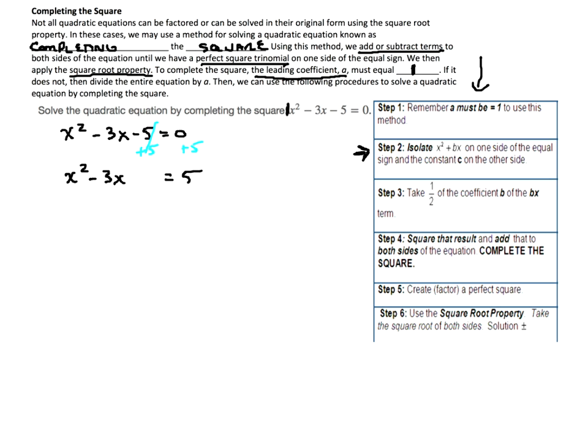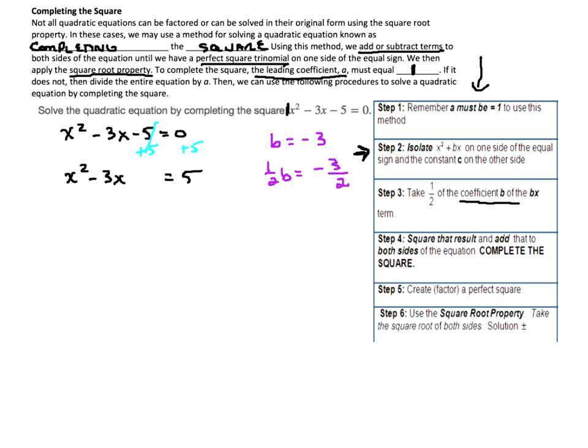So your next step is to take half of the coefficient b on the bx term. So off to the side, b is equal to -3, and half of b is equal to -3 halves. So you just half your b, your bx coefficient.